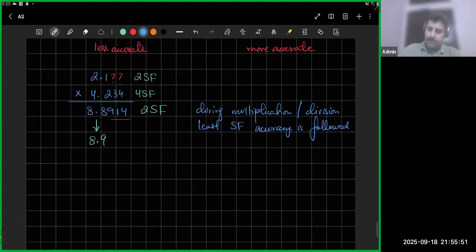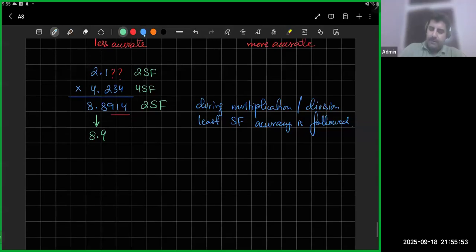अच्छा, now the same thing. What happens during addition and subtraction?